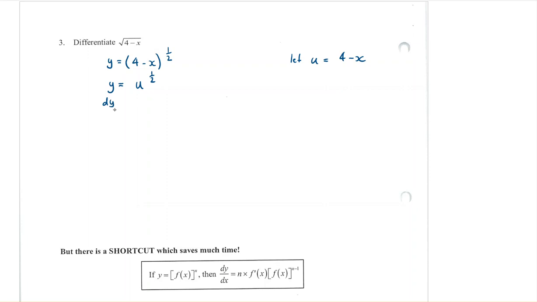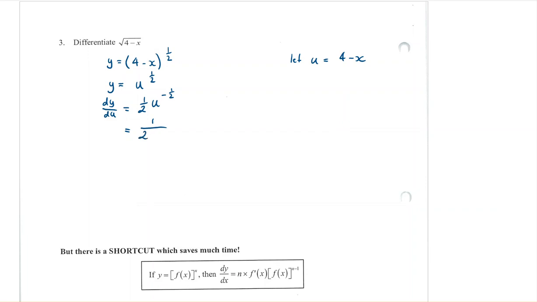I can differentiate. dy over du equals, bring the half down the front, leave the u, subtract 1 from the power, gives negative a half. So I could write that back into positive index form. The u to the negative half would need to go to the bottom of the fraction.